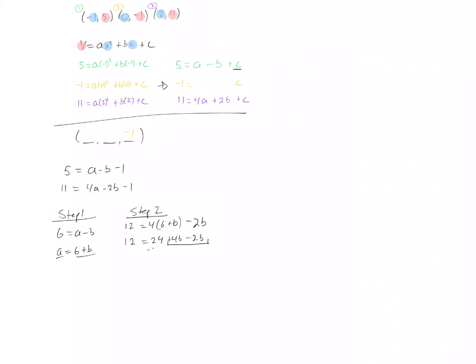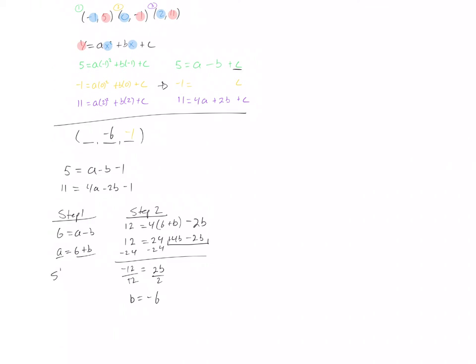Combining these 2 and subtracting 24, on the right hand side, I end up with 2b. Left hand side, I end up with -12. Dividing by 2, I end up with b is equal to -6. So that's my b.